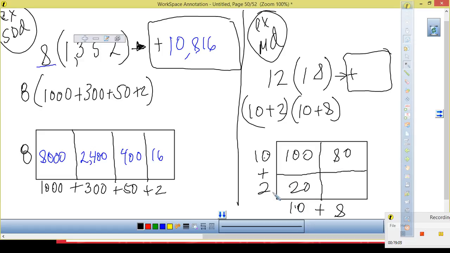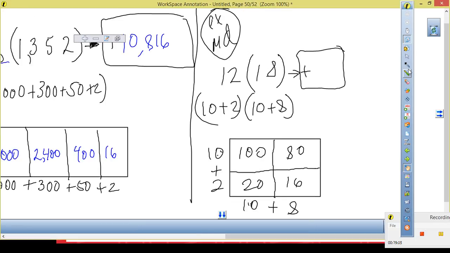And 2 times 8, that's 16. All right? So, let's see. 100, what is 80 plus 20? So 100 plus 100, so this is 216.